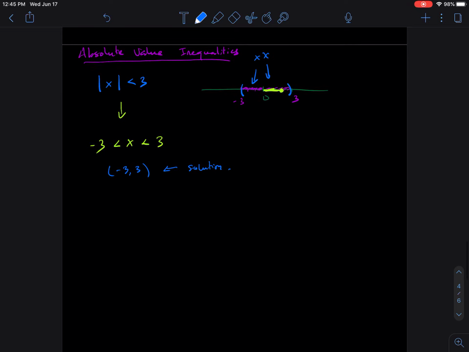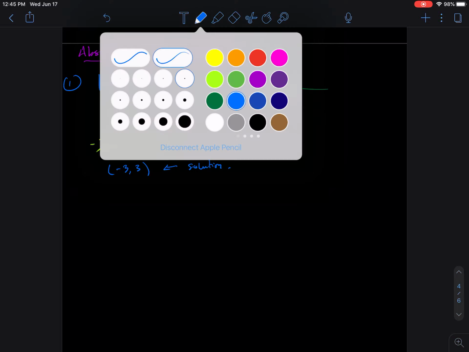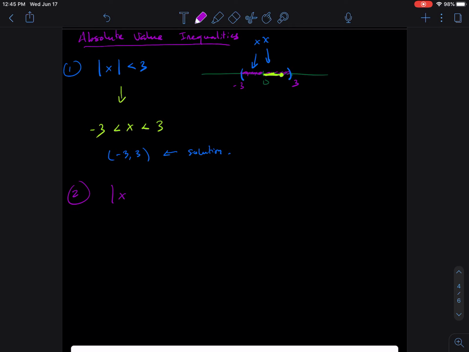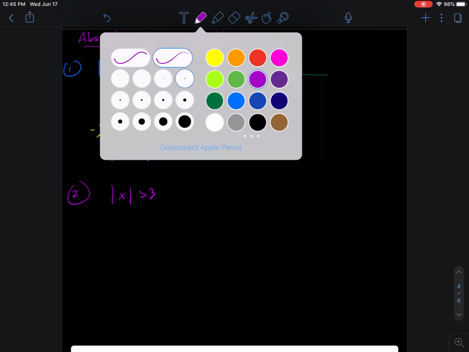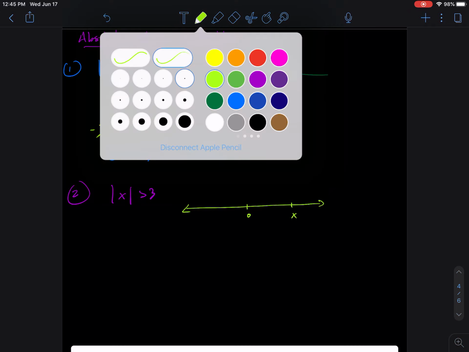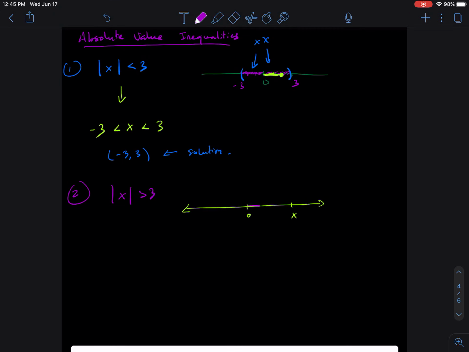Okay. So now, let's look at where the inequality is greater than. If we have the absolute value of x greater than 3, this means I want to look at all the possible values of x so that the distance from 0 to x, let's say here's x, is greater than 3 units.